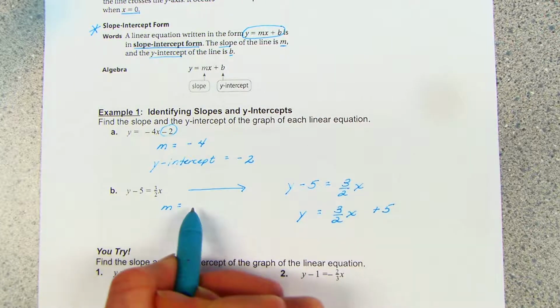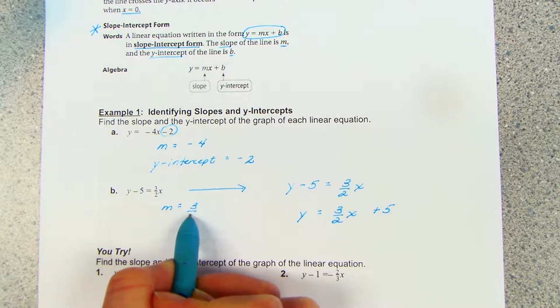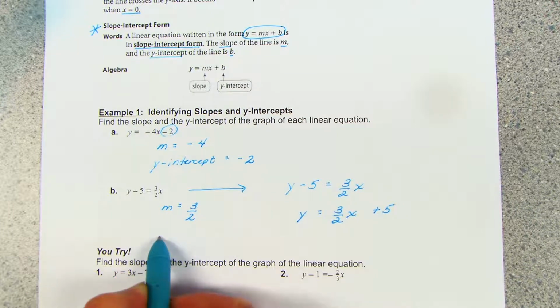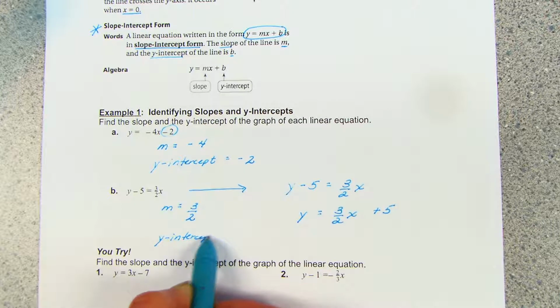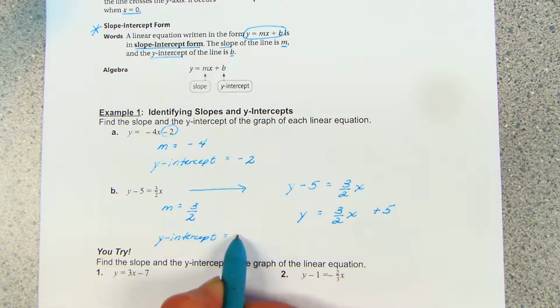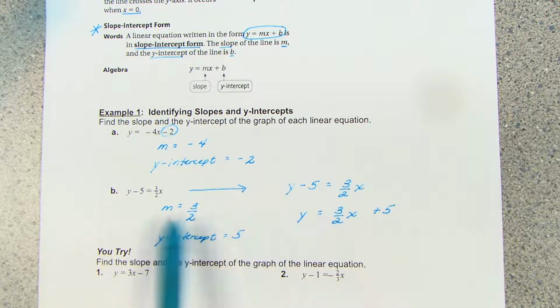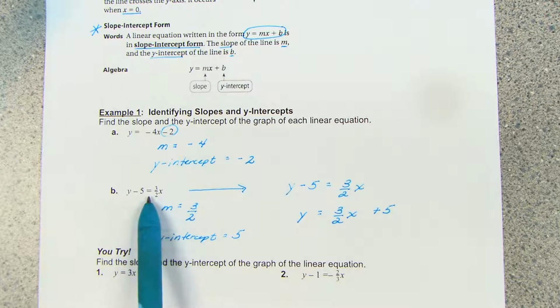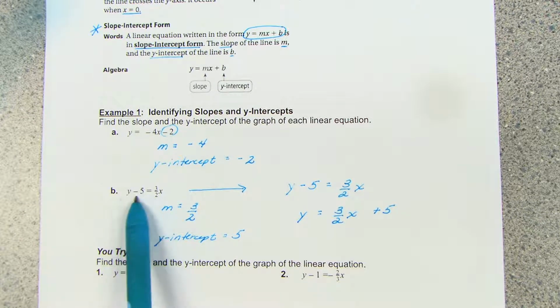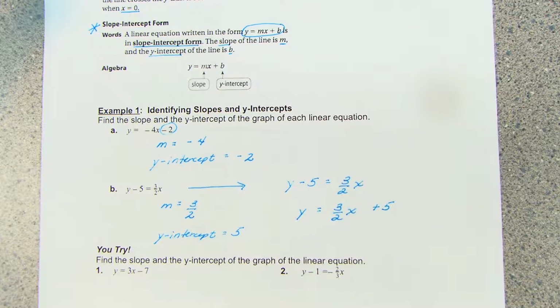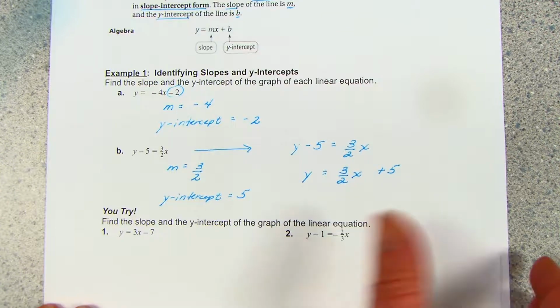So now you can see that the slope is 3/2, and the y-intercept equals +5. All right. If you don't change the equation, if you don't solve for y, you might think that the y-intercept is -5. But when you move it to the other side of the equation, it becomes positive. Okay, you have 2 to practice on your own.